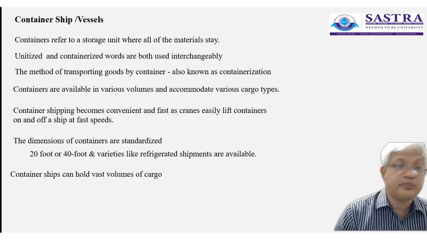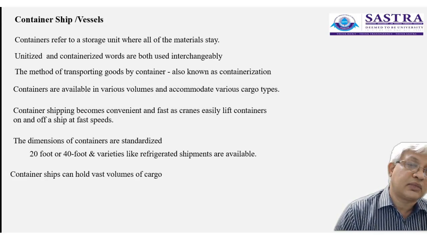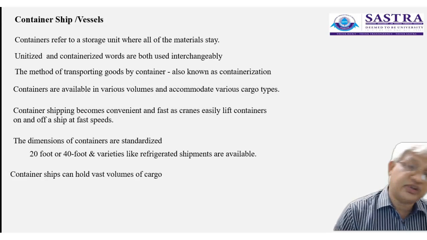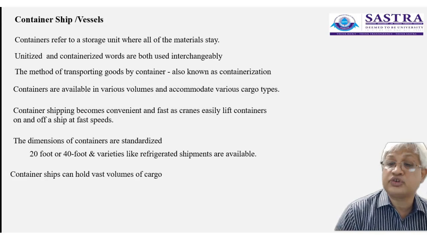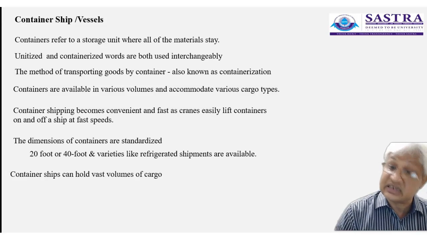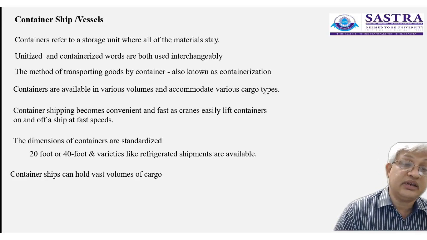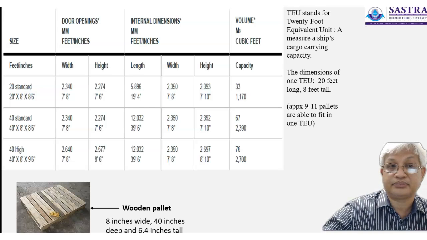The dimensions of the containers are standard, which is 20 feet and 40 feet. Some are also known as refrigerated shipment. As we have discussed before about perishable goods, transportation of perishable goods requires refrigerated containers. Container ships hold vast volumes of cargo.